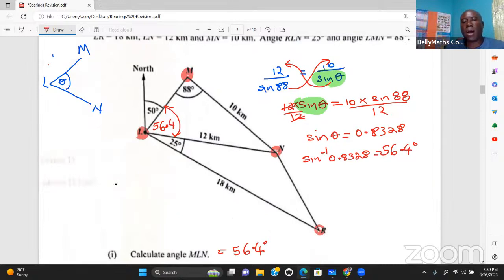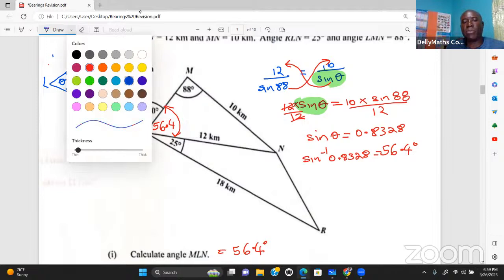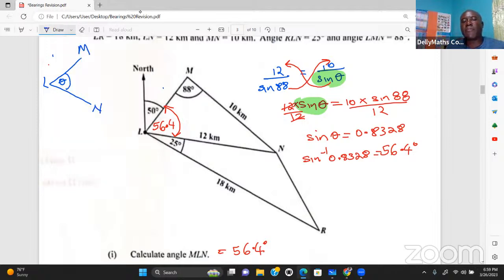All right, so let me clear the diagram up so that we could see where R is. So R from L, I will jot my bearing in blue. All bearings are from the north. So this is L. From the north line, clockwise until you reach a line that leads to R, we want all of those angles.